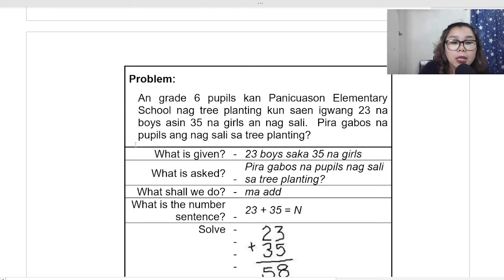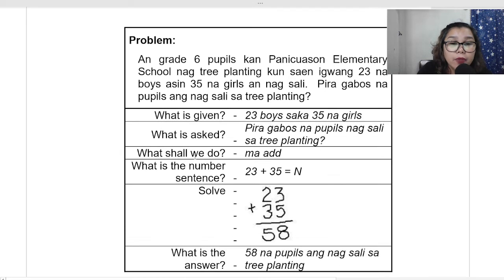So, what we answered from gibuhon mo 1 and gibuhon mo 2 are now transformed into questions or into terms in English na ginagamit sa math. Okay, what is given? 23 boys saka 35 girls. If you notice, etong tanong na tong what is given, this is the question number 1 and number 2.